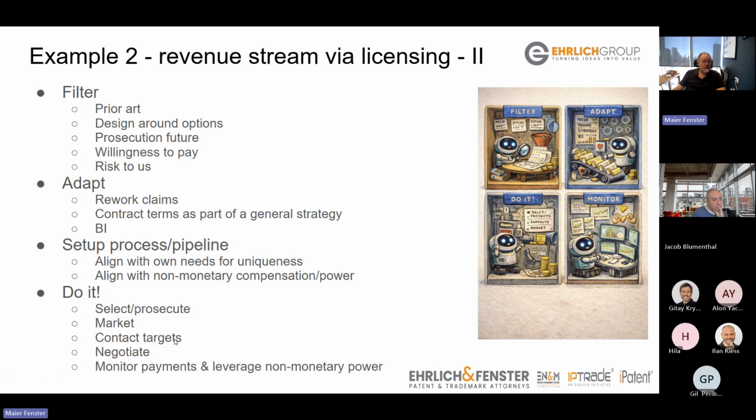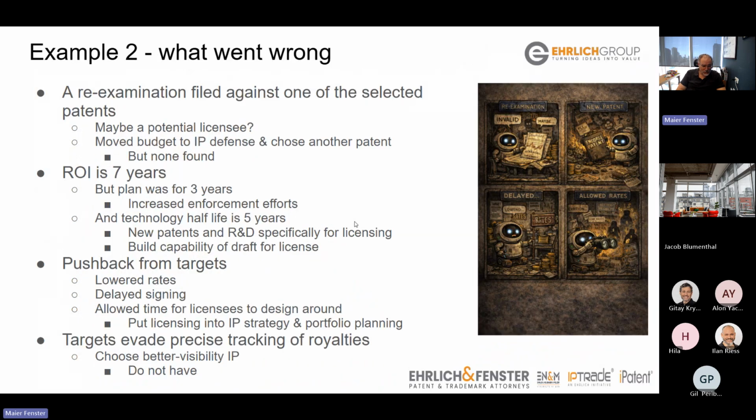Okay, so we do it. We select the patents, we market it, meaning the potential licensees. We contact them, we negotiate with them, and after we sign whatever we sign, we have to make sure they're actually paying. And if we have non-monetary power, we want to use it. But guess what?